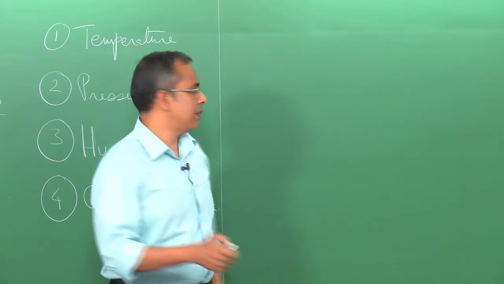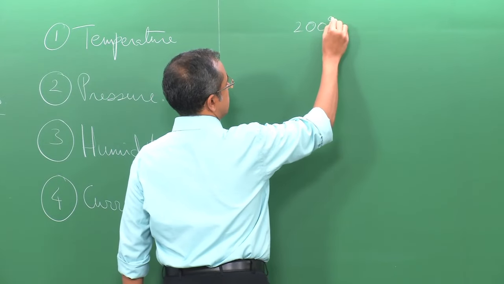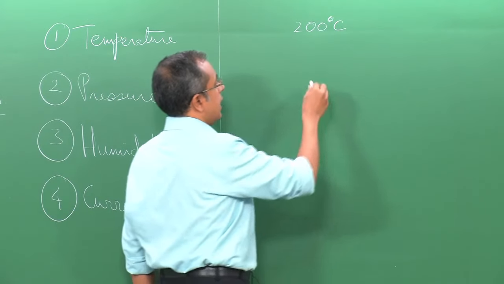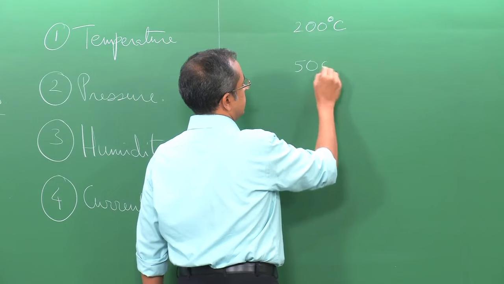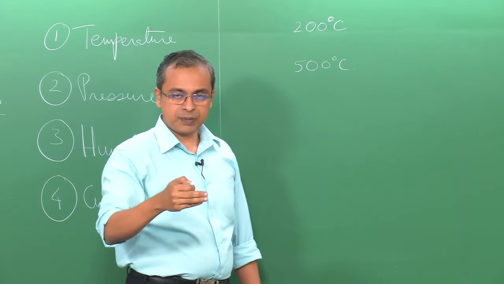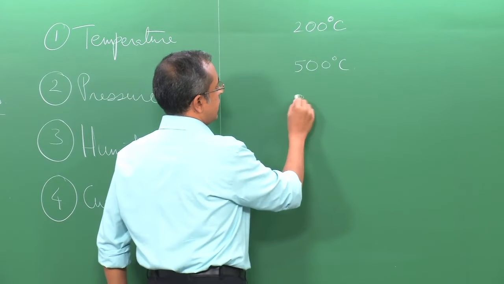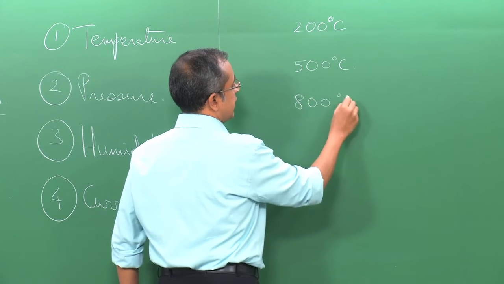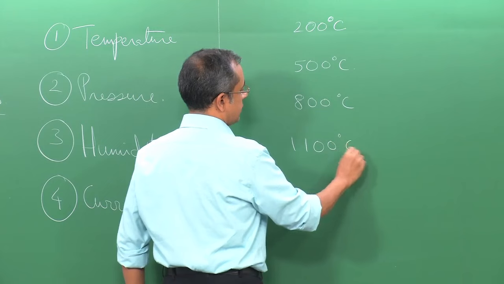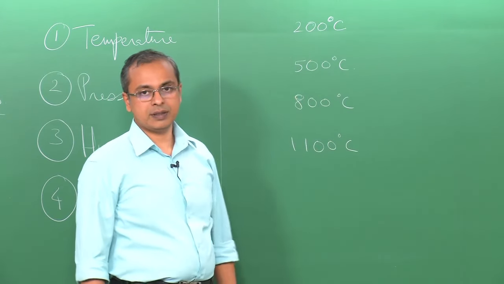So, for example, we may be running temperature experiments at say 200 degrees C. Somebody else may run an experiment at 500 degrees C, or you may have a series of experiments, one of which runs at 200 degrees C, another at 500 degrees C, another at 800 degrees C. At every 300 degrees C increment you may have an experiment, right. So, you can have experiments over a set of temperatures, right.